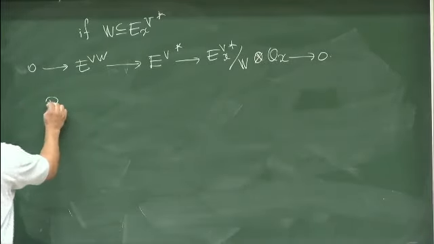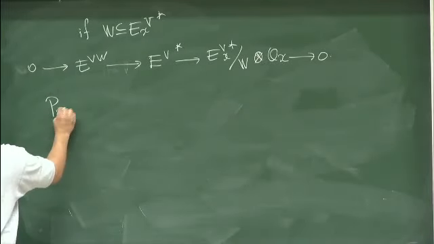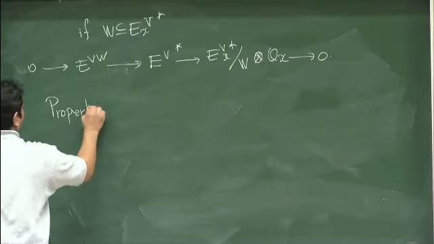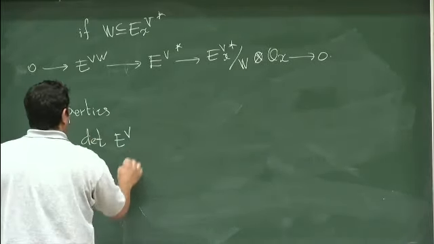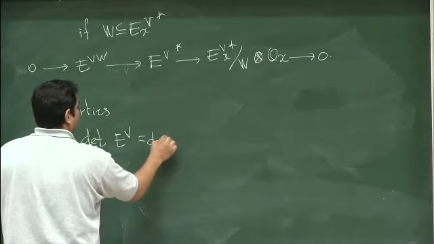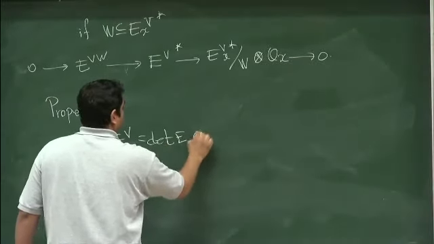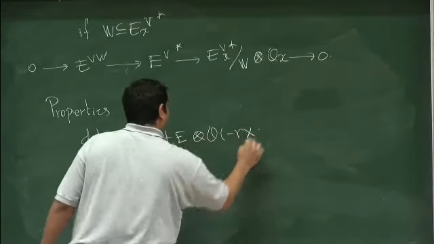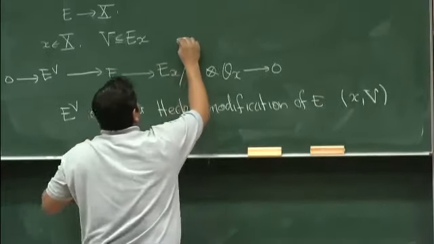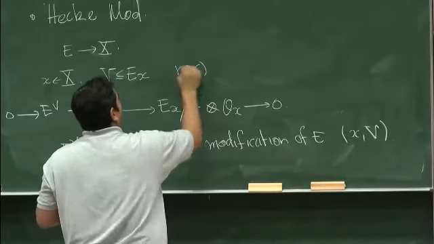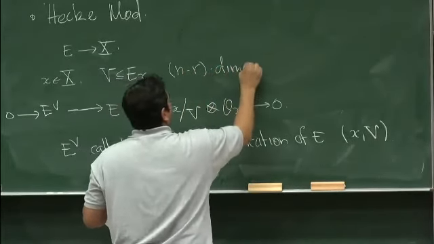And the properties for these vector bundles are: the determinant of E_V is the determinant of E tensor O(-R x) if V is an n minus R dimensional subspace.